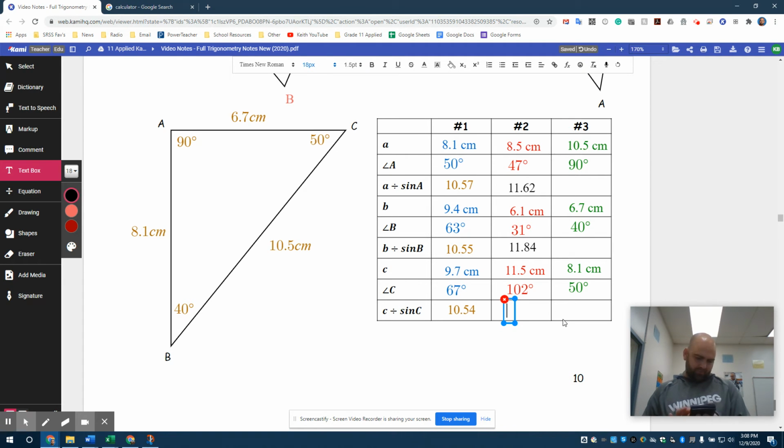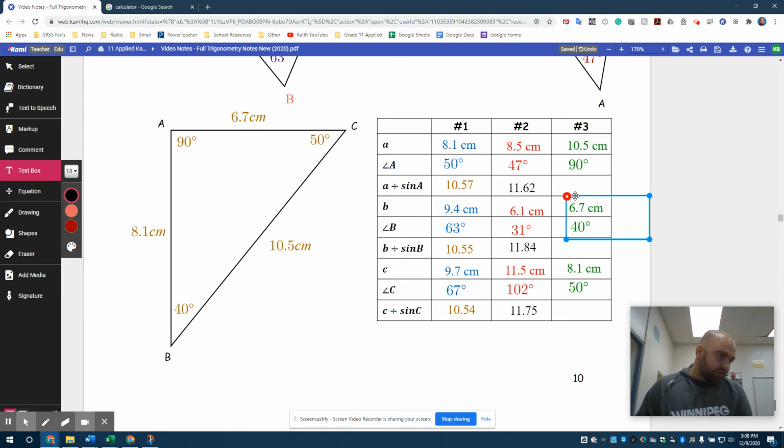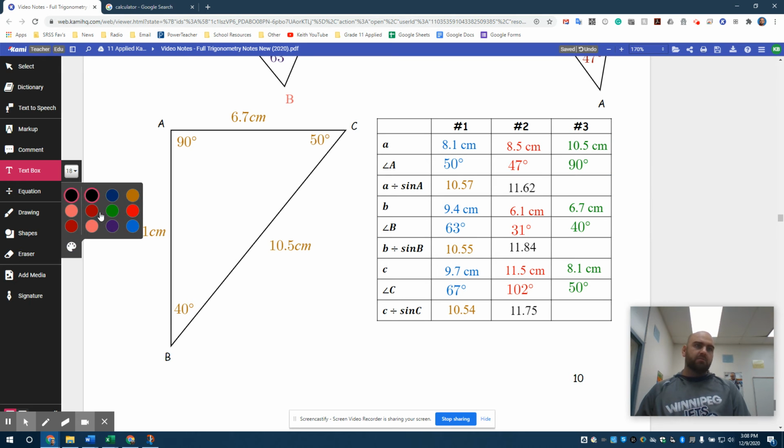And this one, 11.5 divided by sine of 102 is 7.75. These ones are a little bit farther apart, not quite as close, but still ballpark, still somewhat close. That could have very well been because of my bad measurements too.